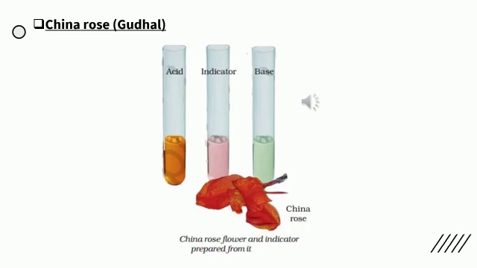So when we are adding China rose indicator into acid, what happens? It turns to pink color, that is magenta color. When you add this indicator solution into a basic substance, it turns green in color. Okay, so this is about the natural indicator China rose.